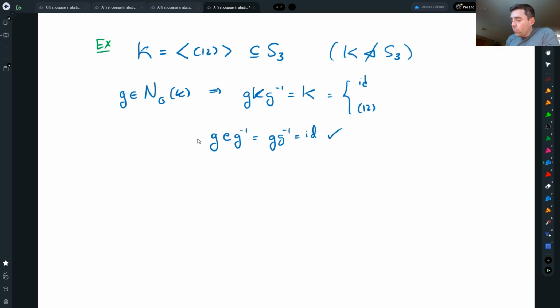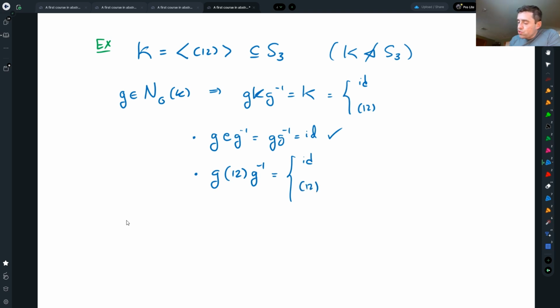So that works, but if I also have to normalize, it has to send (1 2) also to some element of K. The possibilities are that it is the identity or gives me back (1 2).